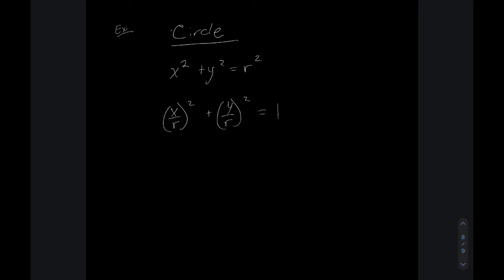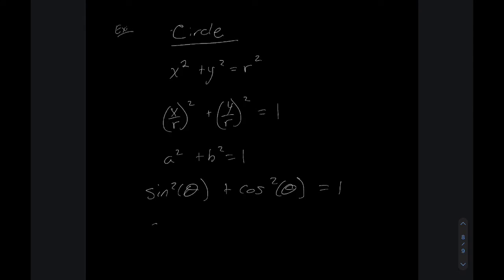Now we're looking at something of the form a squared plus b squared equals 1. And what are functions that, when I square them and add them together, give me 1? A natural conclusion would be sine squared of theta plus cosine squared of theta is equal to 1.